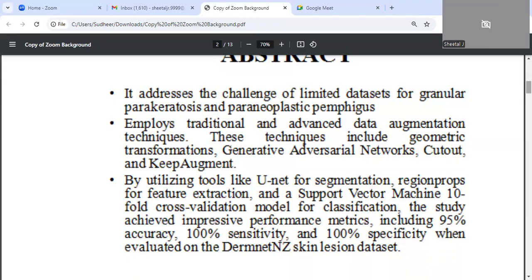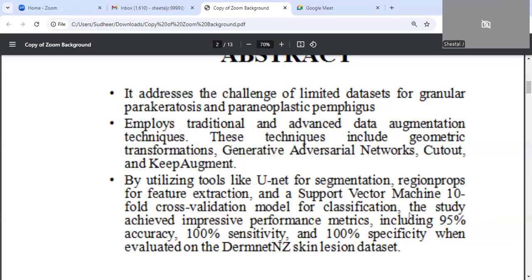Once the augmentation is done, all the processing like segmentation, feature extraction and classification is done. For segmentation, a U-Net based method is chosen.